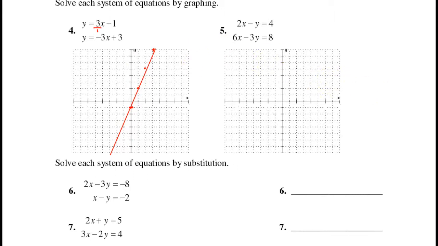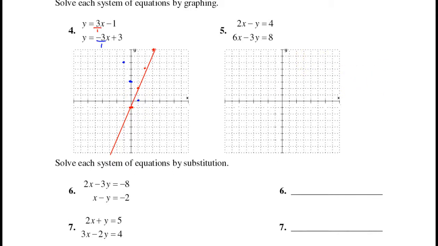All right, we'll do this next one in blue. Now our y-intercept is a 3, so 1, 2, 3 right there. Now our slope is a negative 3 over 1. So I'm going to go 1 over this way and then up 3. 1, 2, 3. And I'm going to go over 1, 1, 2, 3.